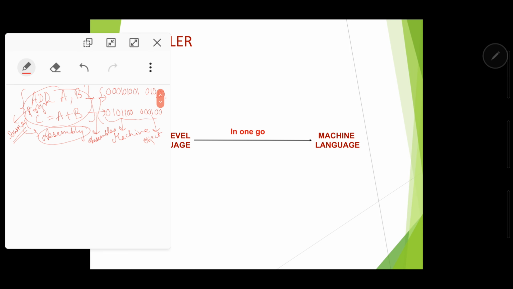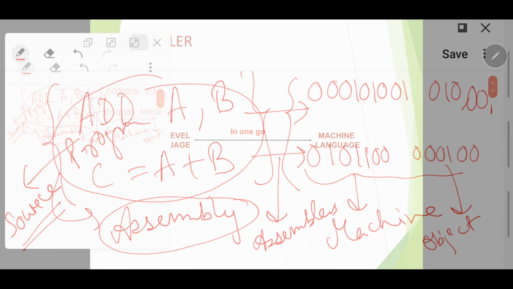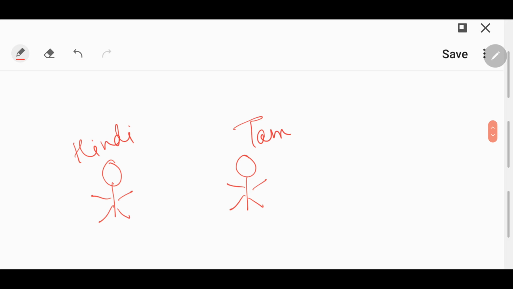Let me explain with the help of an example. Let's say this is you and this is one unknown person. You understand Hindi, but your friend understands only Tamil.